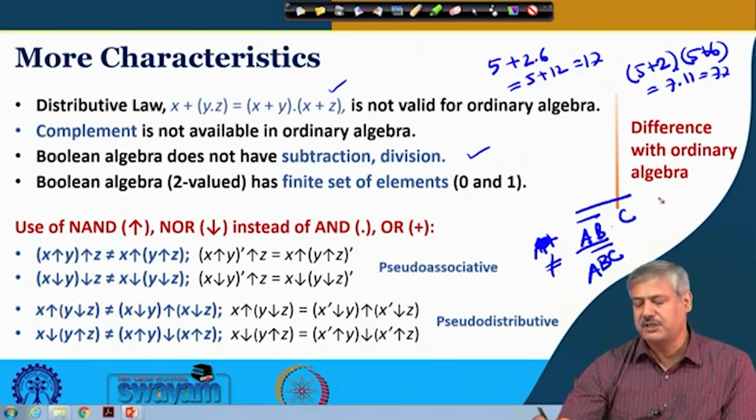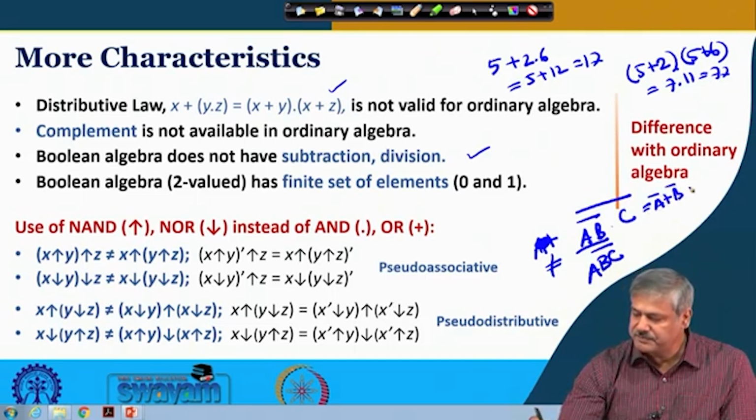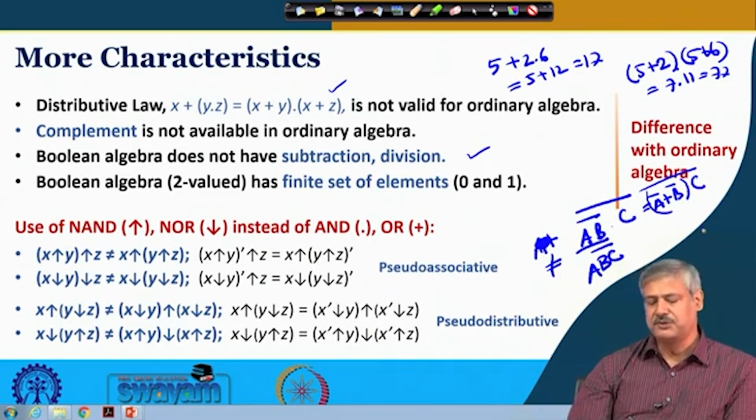We can expand it using De Morgan's theorem, and you can see that it will give you A bar plus B bar, dot C, and then this bar. And similarly over here, if you just expand it, you will see that both sides do not match.